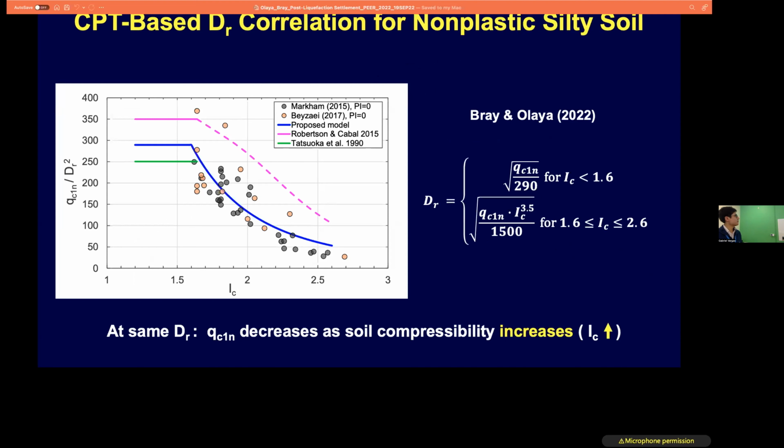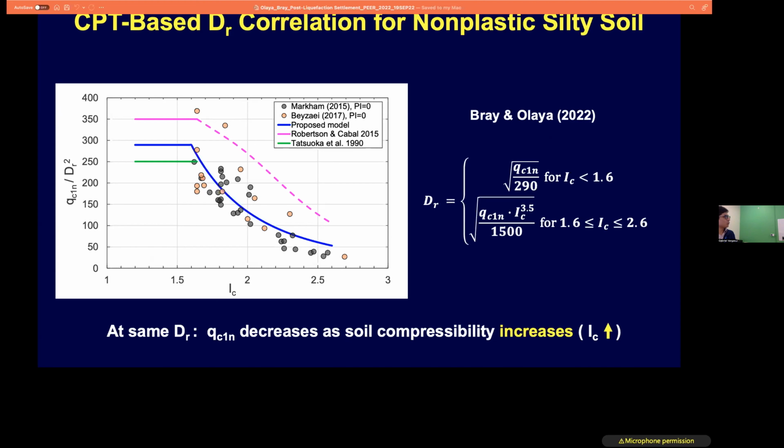We had access to relative density measurements, cone resistances, the I sub C parameters for a number of locations, among other important information. So these points are well constrained, and we have high confidence in the values that we are analyzing. So we were able to propose a relationship between relative density and the cone parameters, as you can see in the equation here on the right.